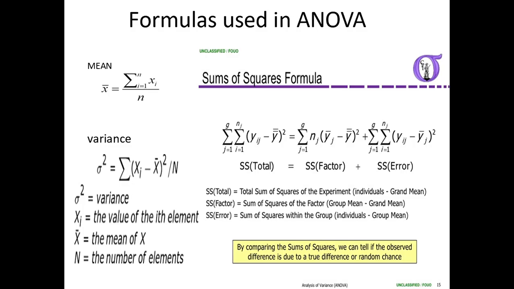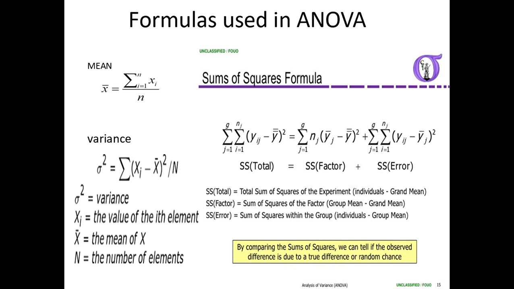Then the sum of squares formula: SS total is equal to SS factor plus SS error. This is a complex thing, and by comparing the sums of squares we can tell if the observed difference is due to a true difference or random chance.